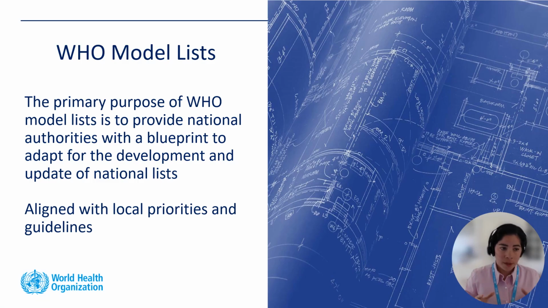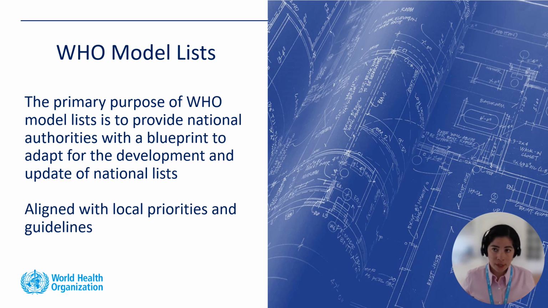The primary purpose of any WHO model list is to provide national authorities with a blueprint to adapt for the development and update of their own national lists. You may be aware that there are several model lists prepared by WHO. Of course, there is the WHO EDL, but there is also the essential medicine lists, the priority assistive technology list, and the priority medical devices list.